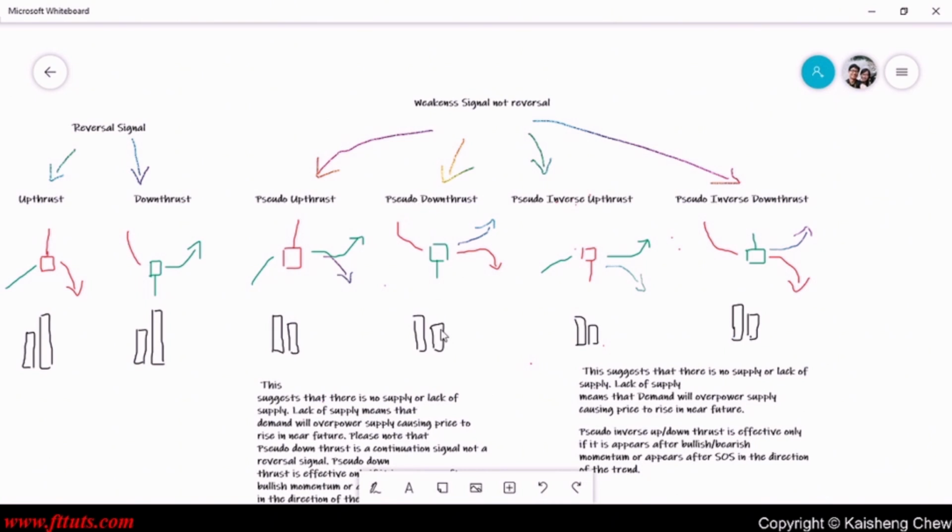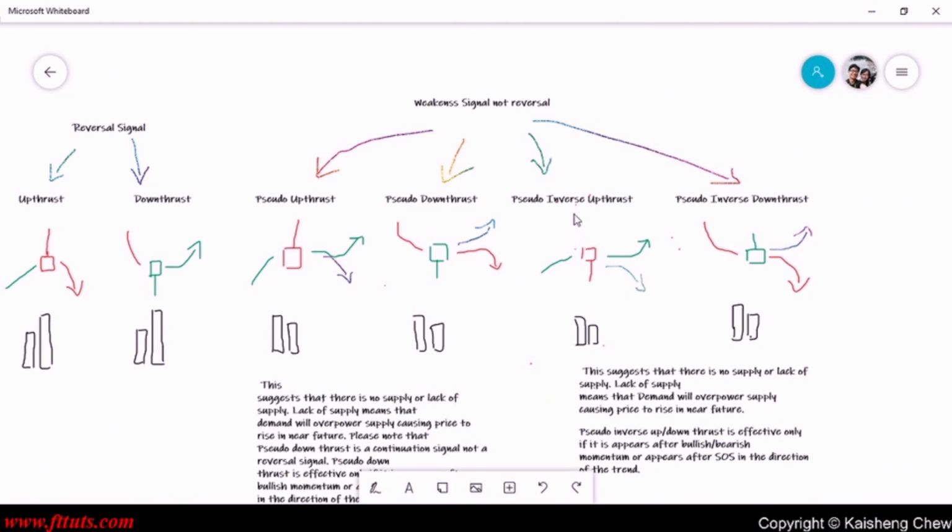The pseudo comes from the volume. This one is also pseudo, low volume. Then inverse-wise, this one is a pseudo inverse upthrust, meaning the price comes up but is inverted, with a low volume.